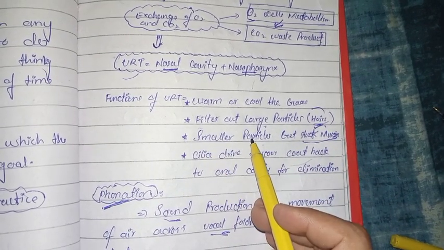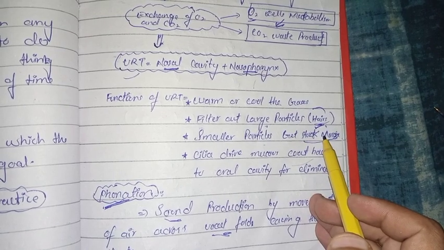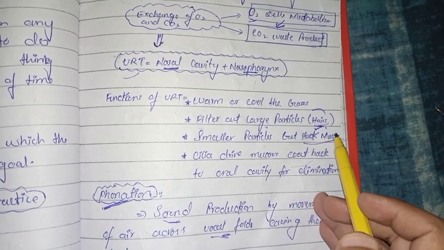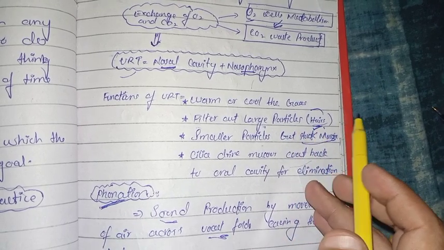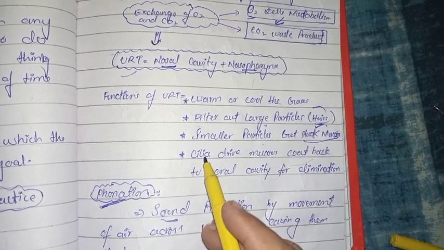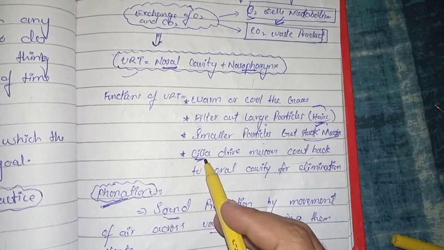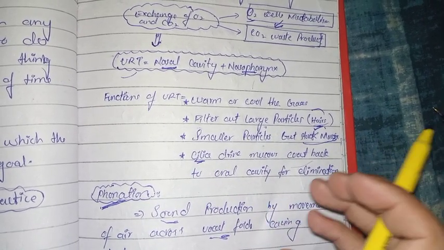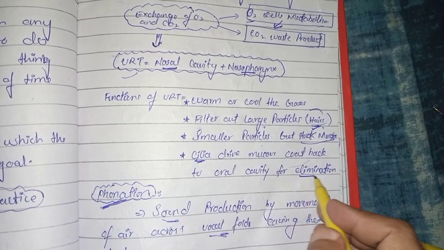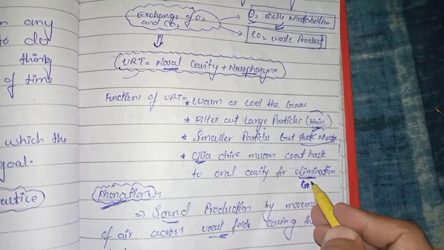Small particles get stuck with the mucosal lines so that they can't enter into the lungs. Cilia drive mucus back to the oral cavity for elimination through GIT.